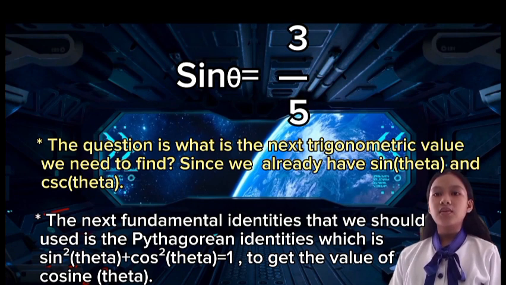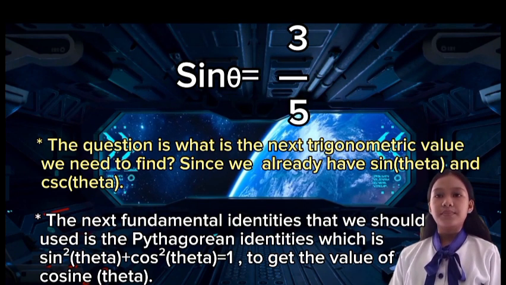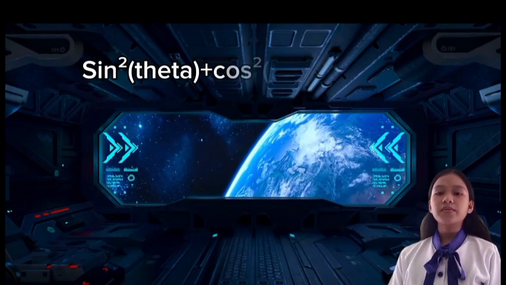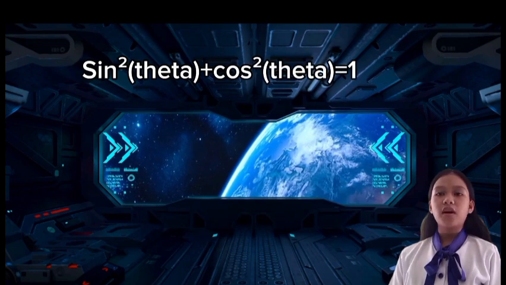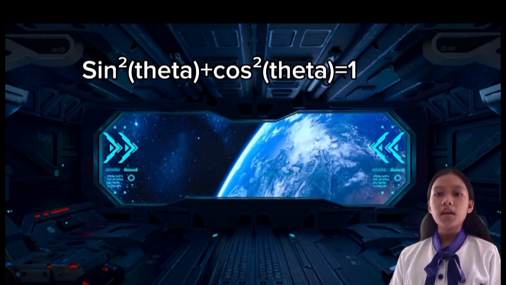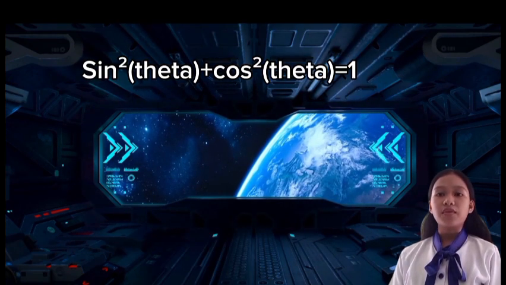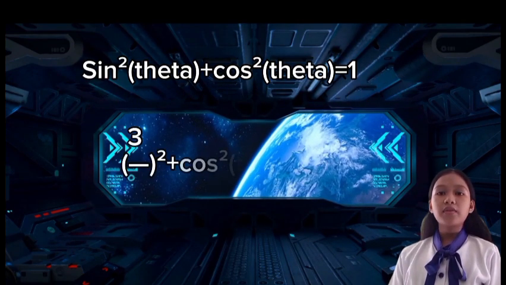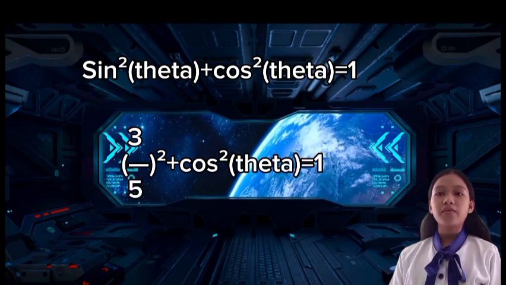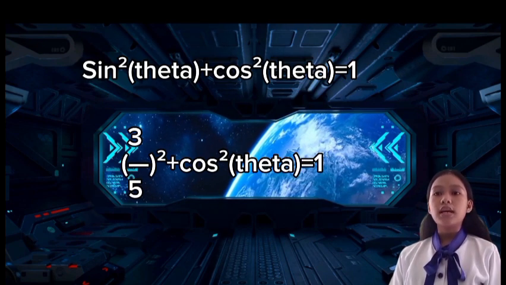So we get the value of the cosine theta. We need to substitute the sine theta by 3 over 5: (3 over 5) squared plus cosine squared theta is equal to 1.